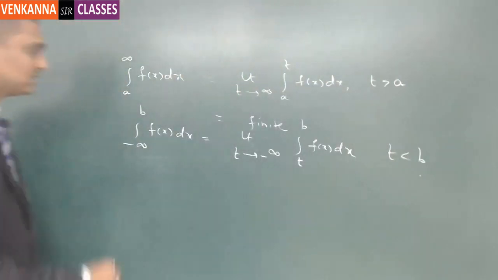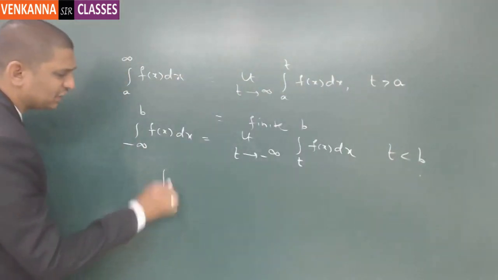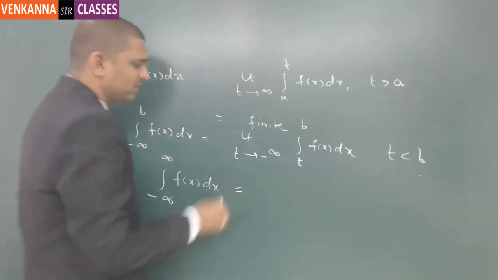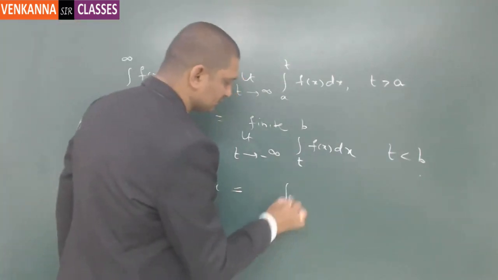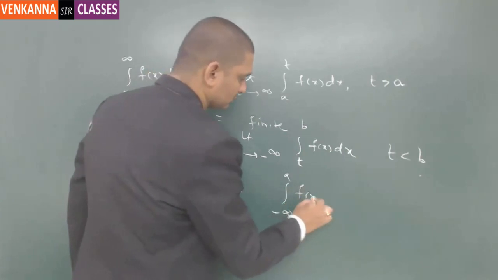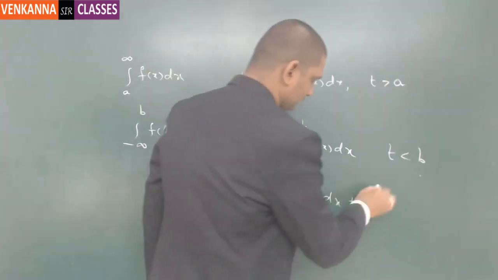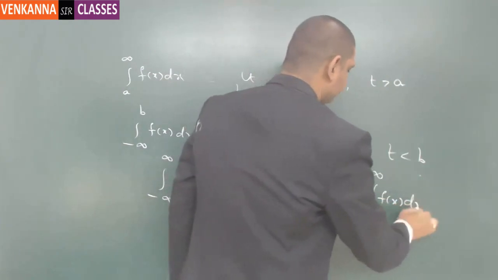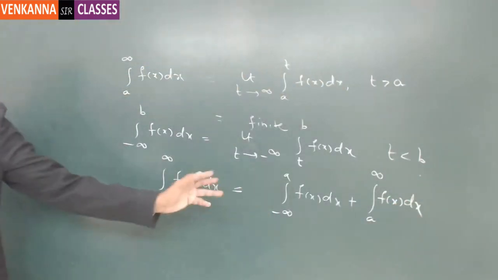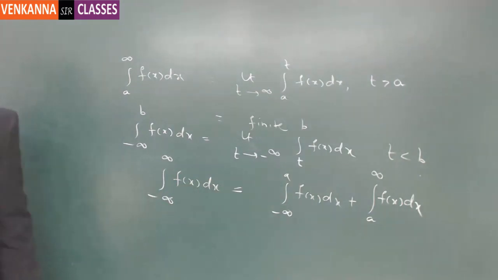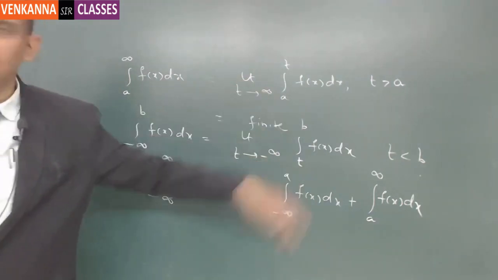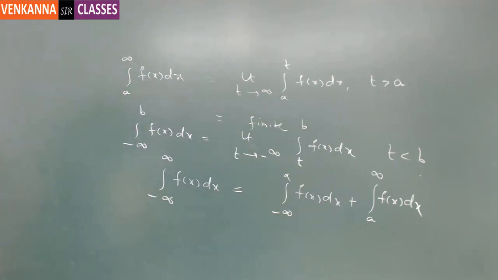And what happens if integral minus infinity to infinity f of x dx is there? We simply split like this, where a is any point between them, and we do the previous two procedures for these two. That's it.